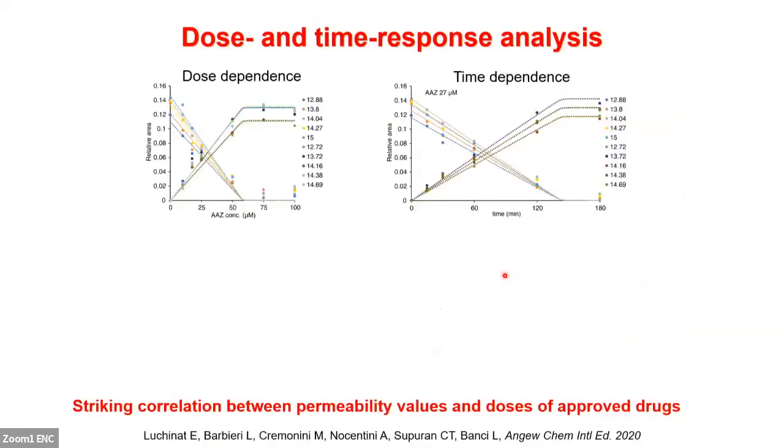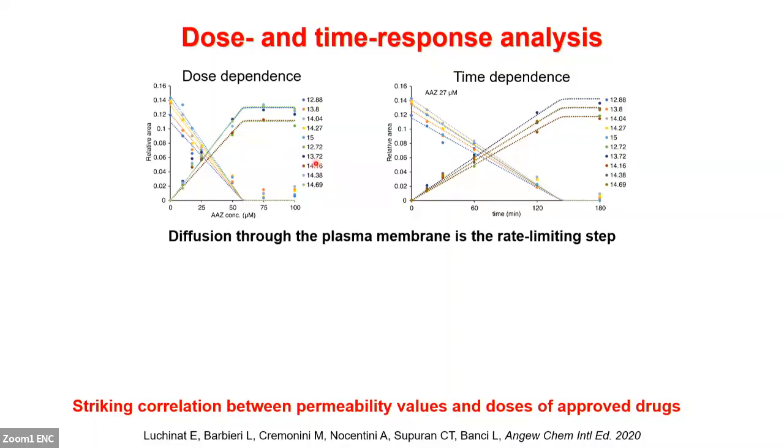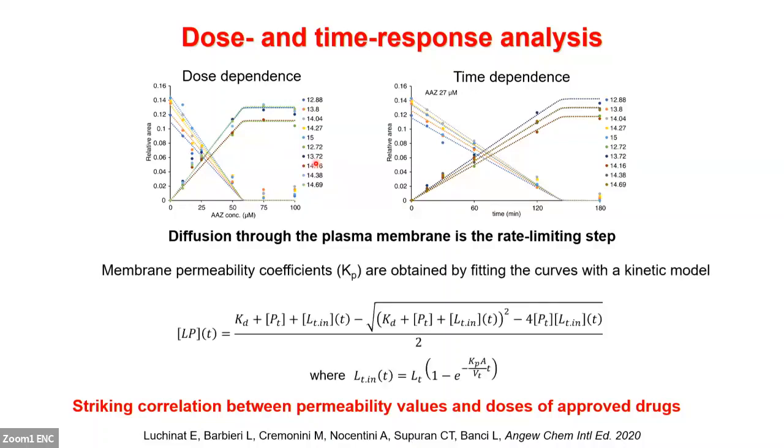We can go further and analyze the dose dependence, how much is bound as a function of the amount of drug added to the cell, and how long cells are exposed before we acquire the spectra. We found that the rate-limiting step is diffusion through the plasma membrane.